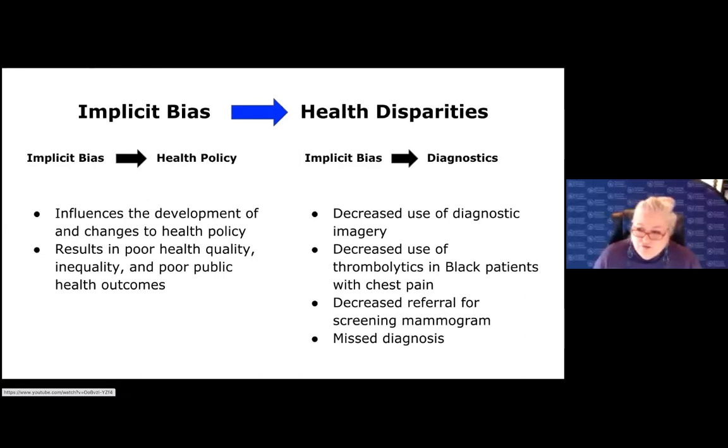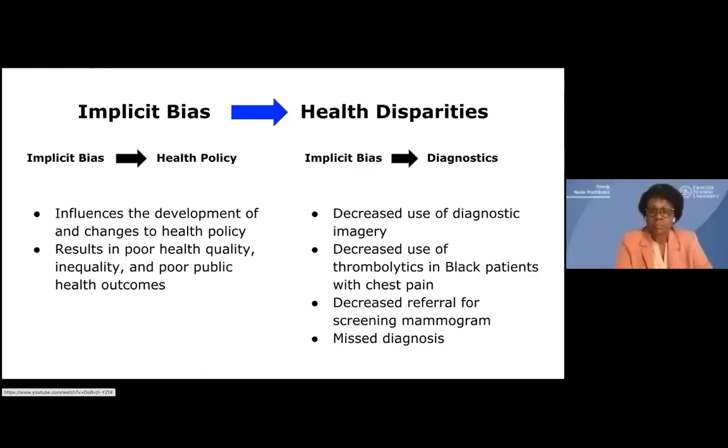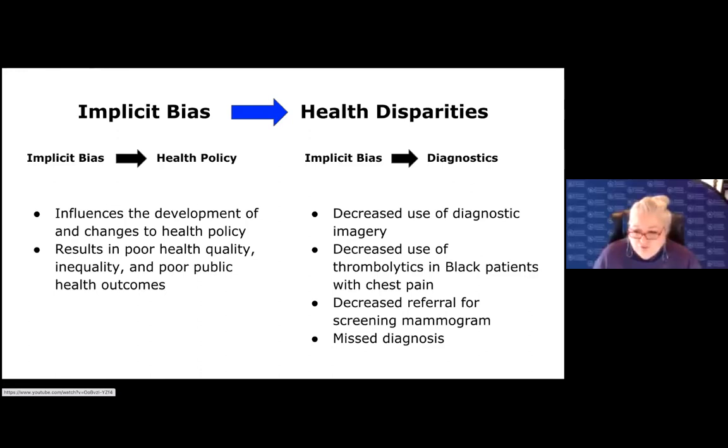Implicit bias can also impact the use of diagnostics in minority populations, such as the decreased use of diagnostic imagery like CAT scans and MRIs, and consider the use of racial correction in clinical algorithms. Dr. John and Dr. Arterberry, this was something that I learned new in preparing for this presentation, was the existence of racial corrections in clinical algorithms.